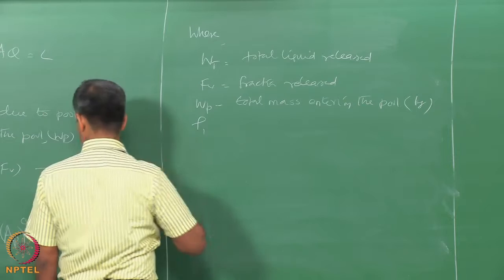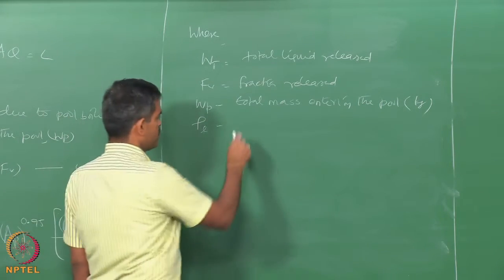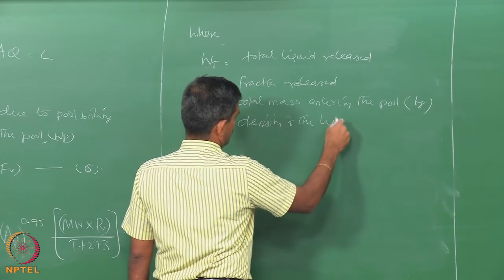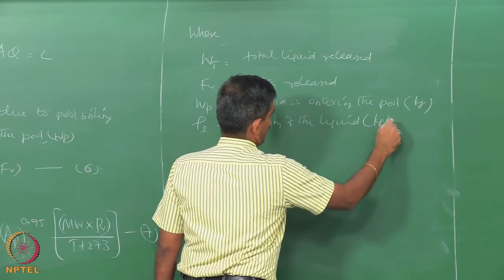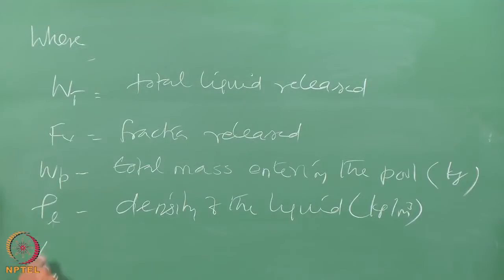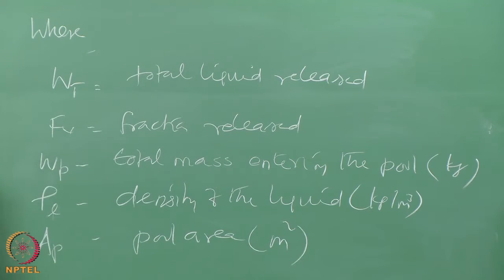Rho L is the density of the liquid, in kg per cubic meter. Ap is the pool area in square meters.